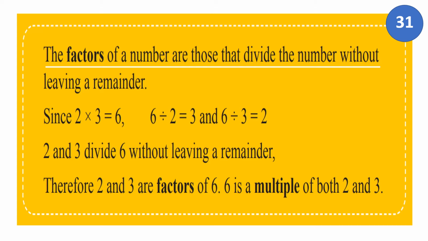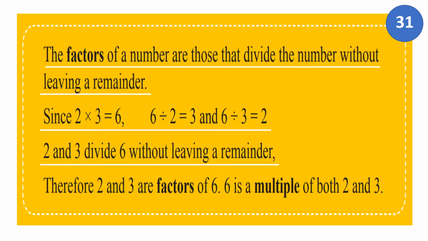Since 2 times 3 is 6, 6 divided by 2 equals 3, and 6 divided by 3 equals 2. 2 and 3 divide 6 without leaving a remainder. Therefore, 2 and 3 are factors of 6. 6 is a multiple of both 2 and 3.